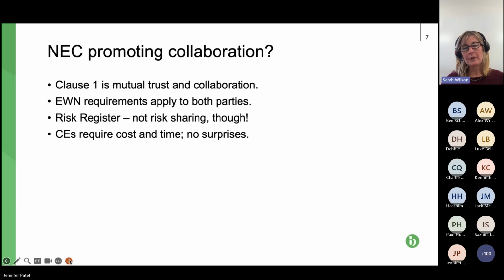The flagship clause of NEC, that still applies to options C and D, as it does to options A, B, E and F. We still have the EWN, the early warning notice requirements for both parties to basically warn as soon as something significant happens in terms of health and safety issue, increasing the price, extending the programme on a neutral basis. So if the contractor submits it, it's not necessarily meaning that the contractor is responsible for it. It is just warning that, as a matter of fact, something significant has happened.